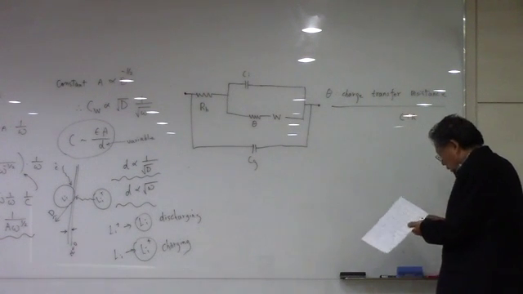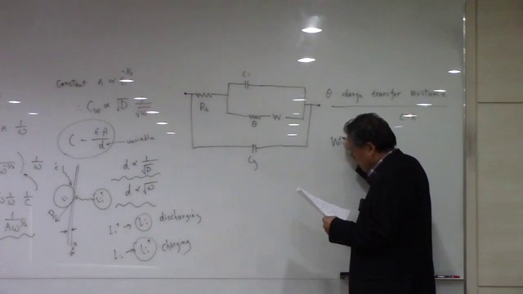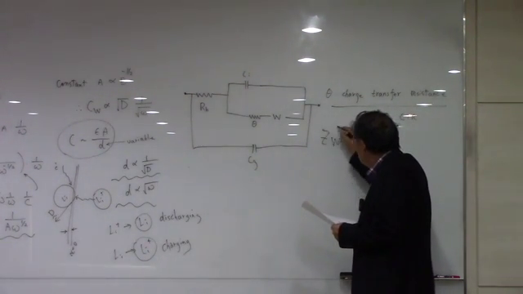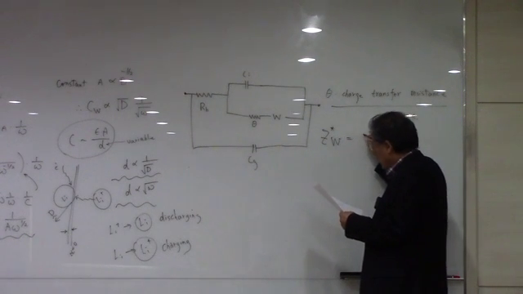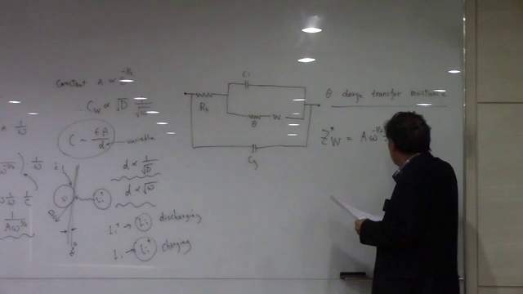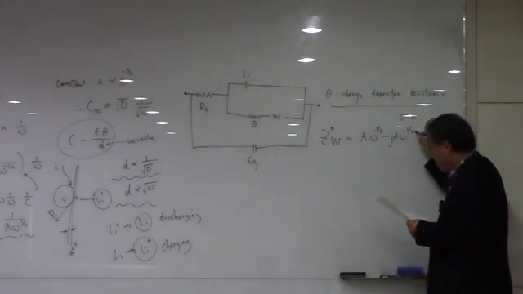And of course here the Warburg impedance is going to be represented as Z star Warburg impedance, now going to be omega minus 1/2 minus A j omega minus 1/2.